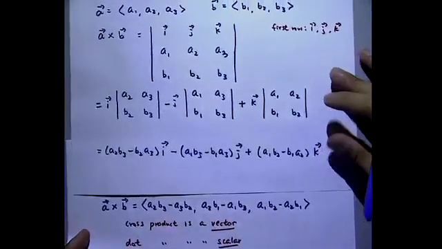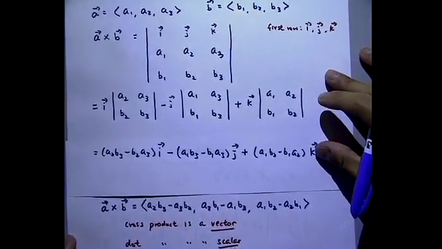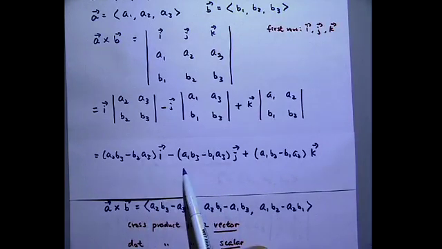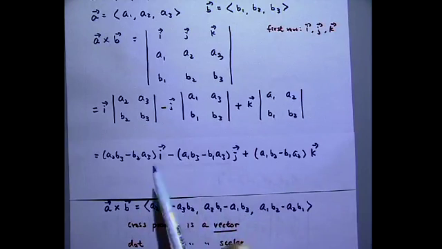Compare that to what we wrote down earlier. Now you see they're the same thing, right? A2, B3 minus B2, A3, same thing. A1, B3 minus B1, A3. But the minus here actually reverses the order when you factor that in.